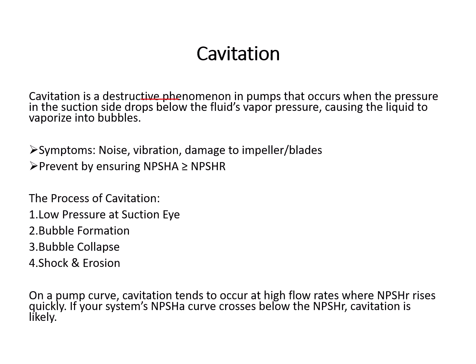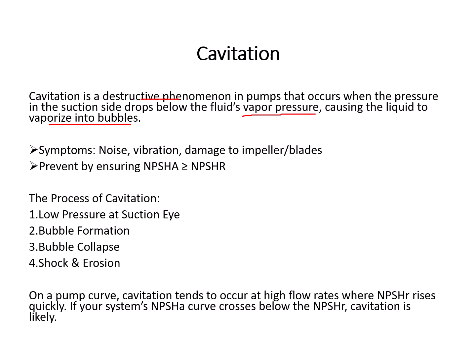It occurs when the suction side drops below the fluid vapor pressure, and it causes the liquid to vaporize into bubbles. The symptoms: when you hear noise or the pump is vibrating, you feel there is damage to the impeller and the blades.